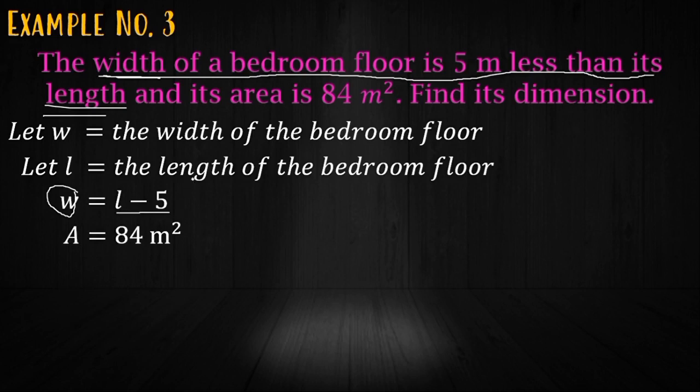Okay? And it says that the area is 84 meters squared. Now, like what I've said a while ago, we have concluded that this is a rectangular bedroom floor. And the formula for solving the area of a rectangle, we use length times width.